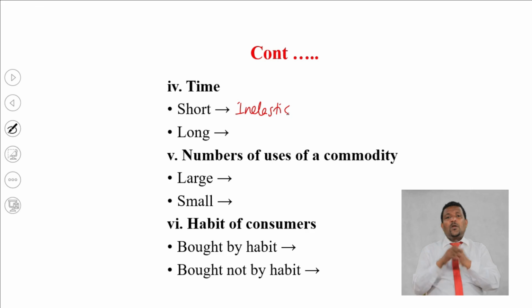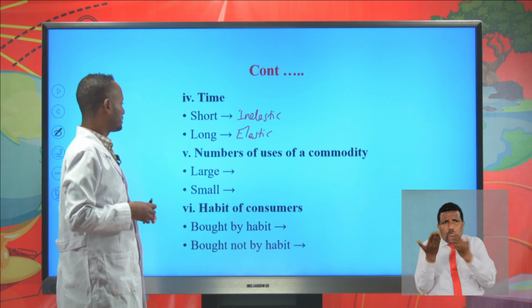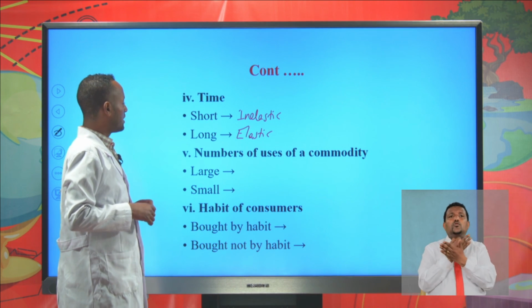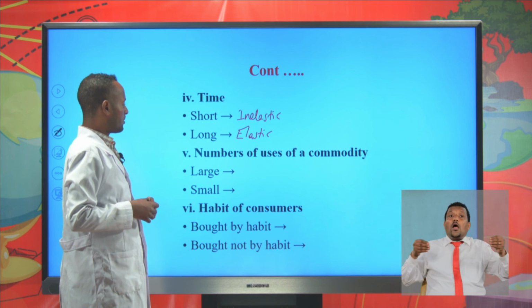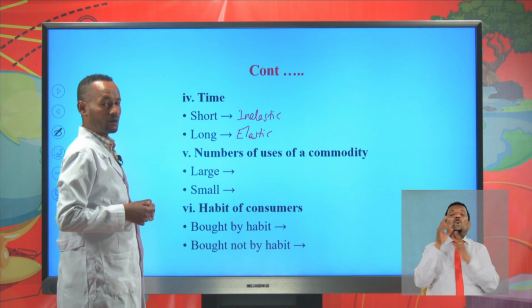But over a long period of time, the demand for a commodity tends to be more elastic because people can adjust their consumption, and many close substitutes are expected to be produced through time, so the demand for a commodity tends to be more elastic.